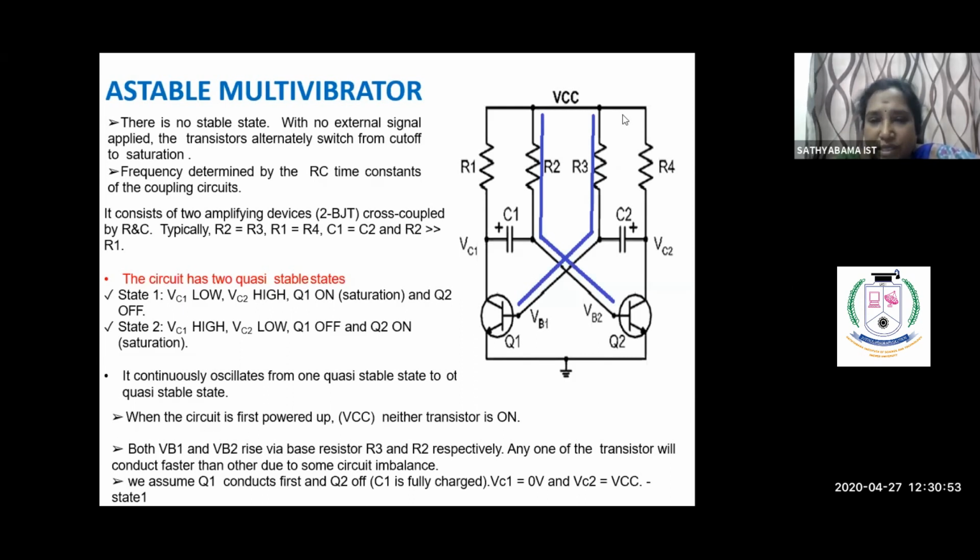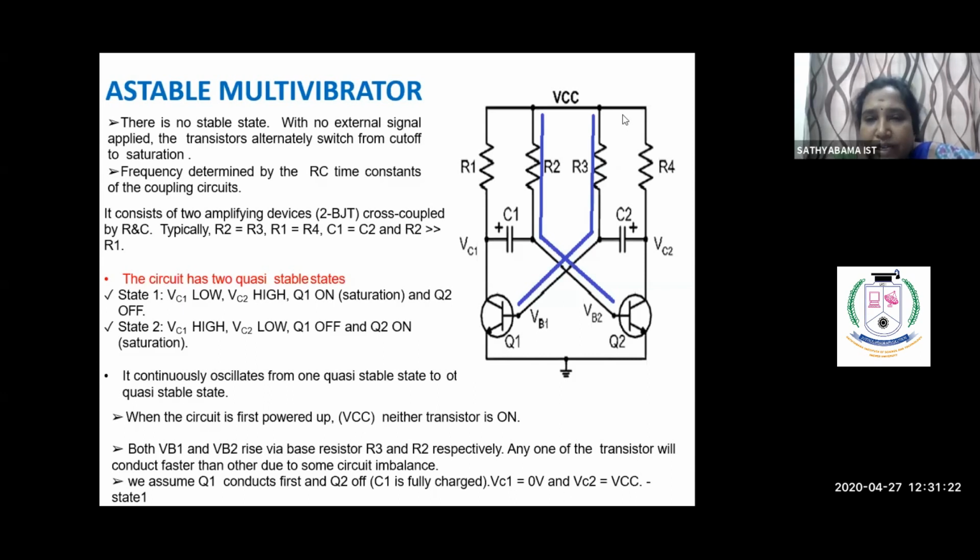It has to discharge, and at the same time C2, which is discharged, is going to change into charging condition through the resistance R4. Got it? First we are taking state 1. In state 1, we assume one transistor is on and the other is off, and after that we are going to analyze the capacitances.